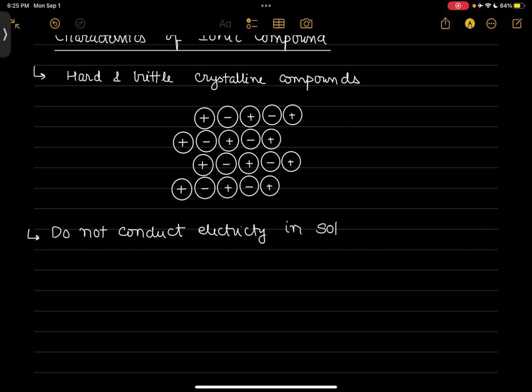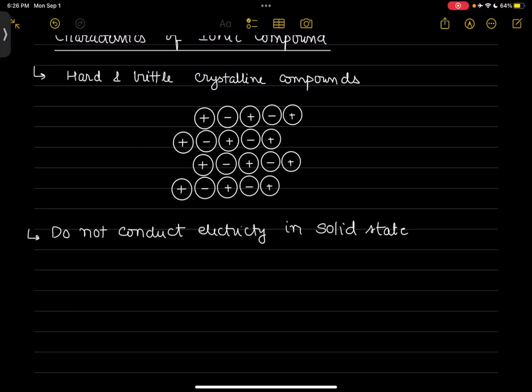Why? Because the ions are completely surrounded by other ions. They can't move, right? Yes, sir. So I hope this is clear. They do not conduct electricity in solid state, right?